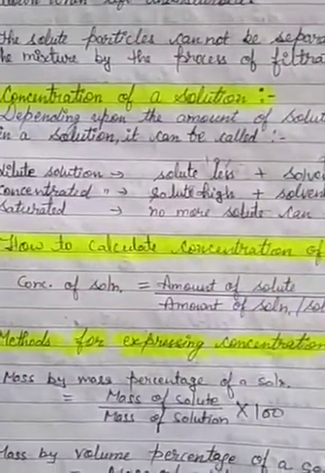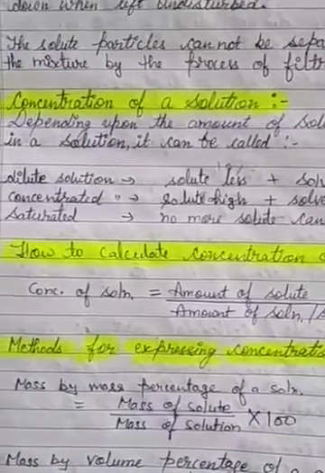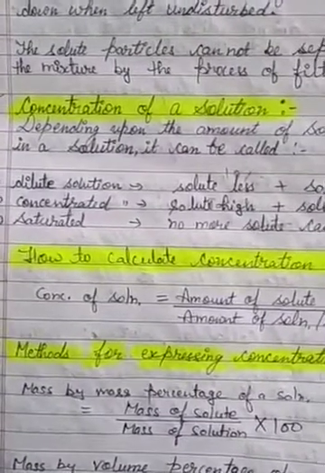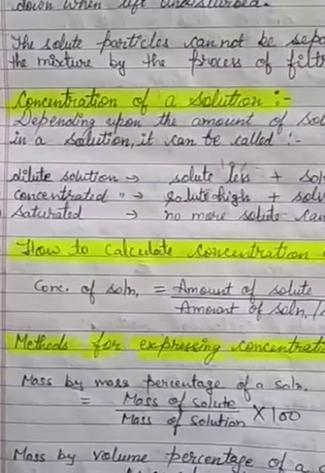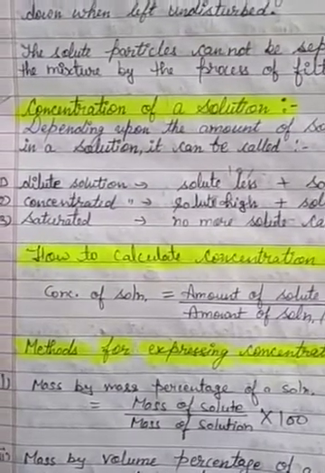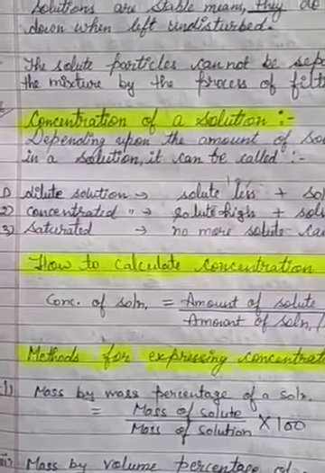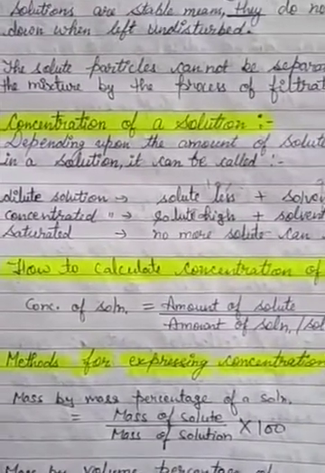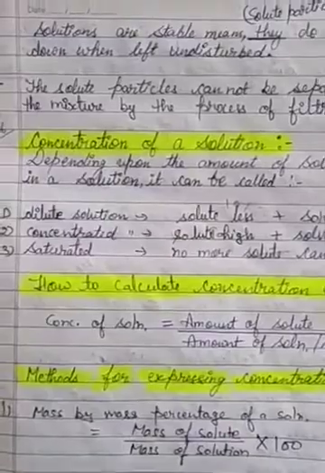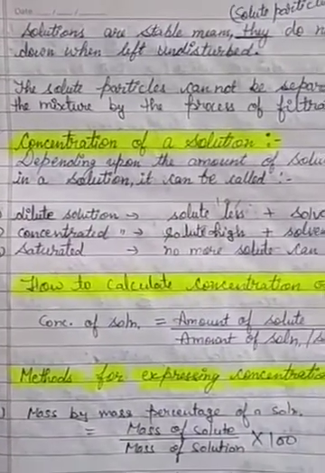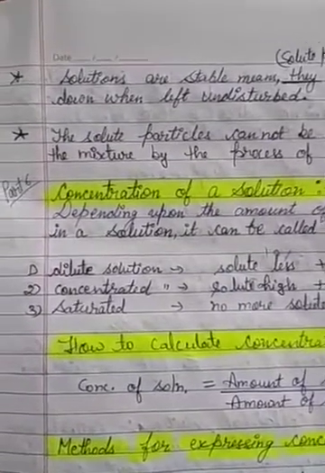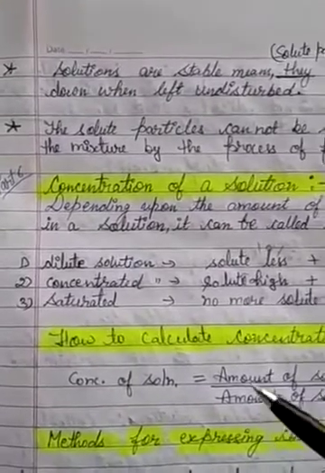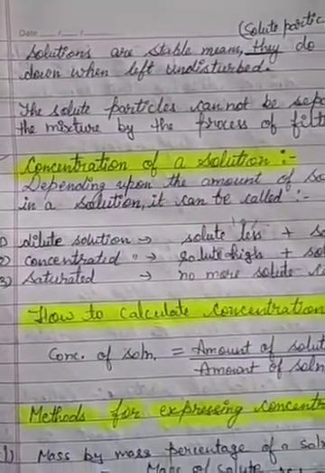As an example, you can take a sugar solution that has more concentration. Half a glass of water and a full glass of sugar when you prepare chashni. This is more concentrated, as solute is high and solvent is low.